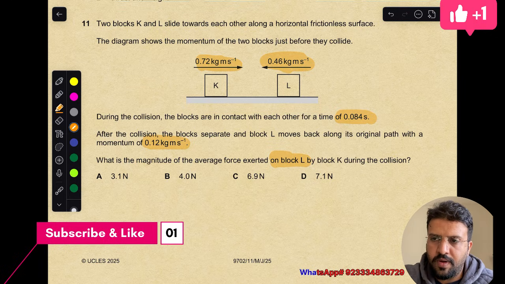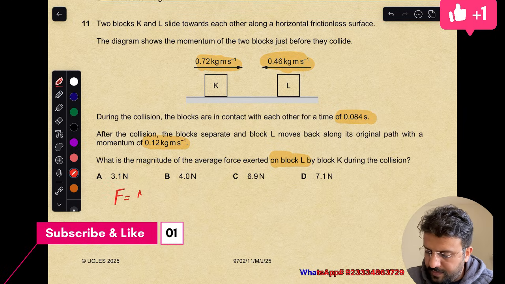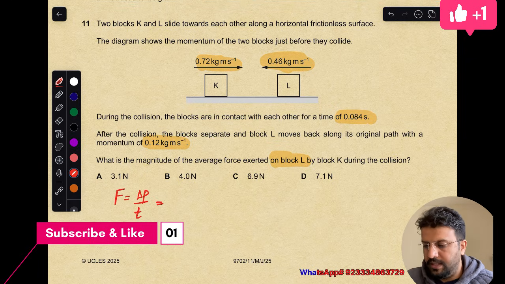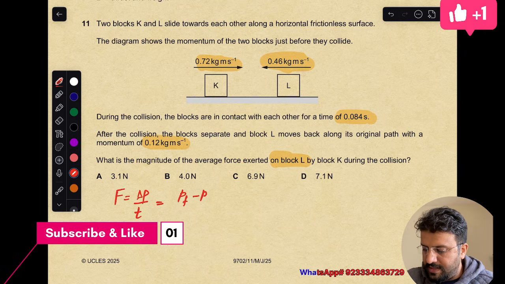Okay, so how do we have to do this? We know force is change of momentum per unit time. As we have to find the force on block L, we have to find the change in momentum of L. So change in momentum of L is final momentum minus initial momentum, divided by the time.